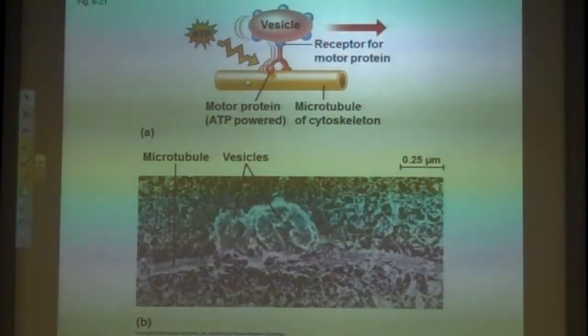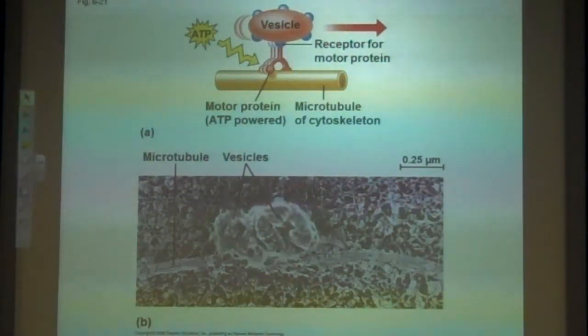So here's a picture. You've got your microtubule here. Let's say you need to move this vesicle from one side of the cell to the other. So it's like a little subway system or a monorail if you've ever been to Disney World. The motor proteins right here are going to use the ATP and like grab and pull kind of to get from one part to the next.